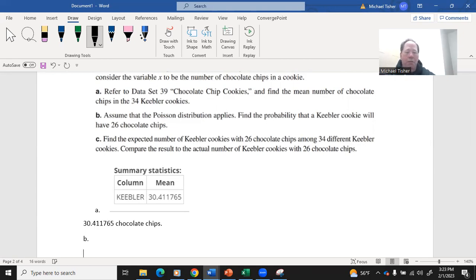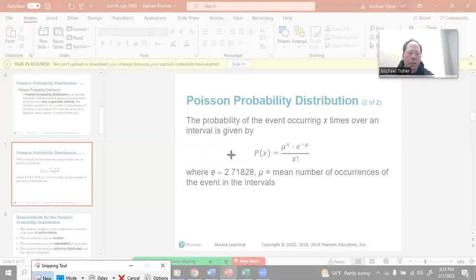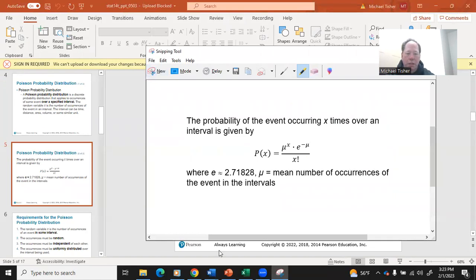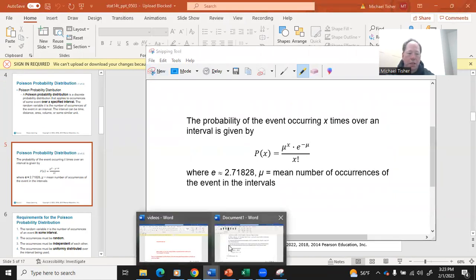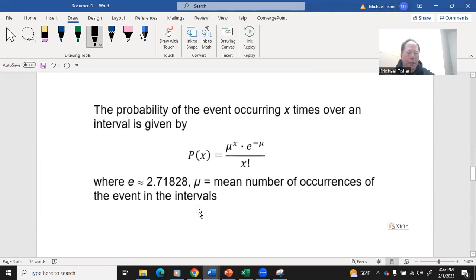Well, at any rate, we have the Poisson distribution formula right here. It says P of x is equal to mu to the x times e to the negative mu, all over x factorial. In this case, we're dealing with 26 chocolate chips, so x is 26.